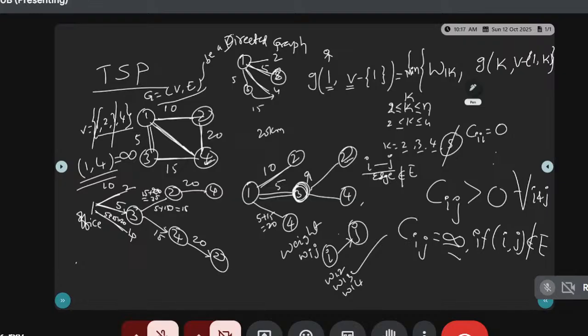We will find the tour of minimum cost, by using the principle of optimality, from the following equation.